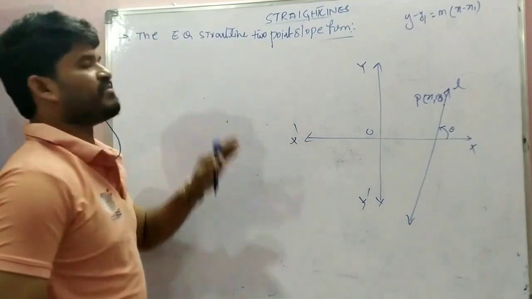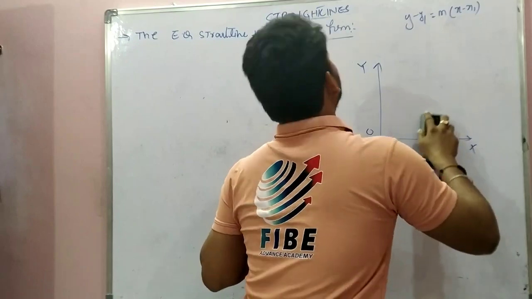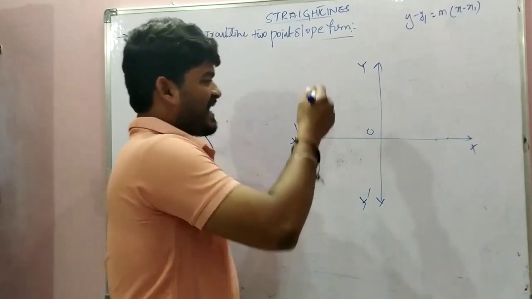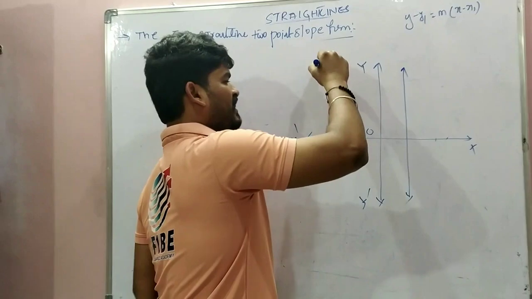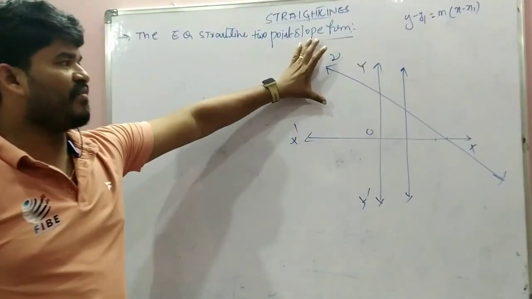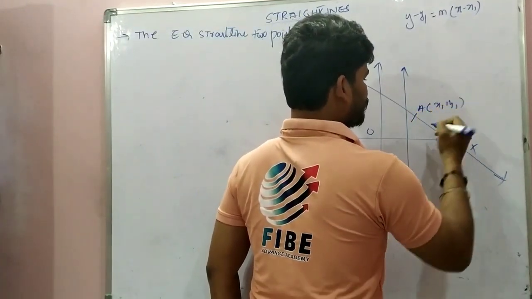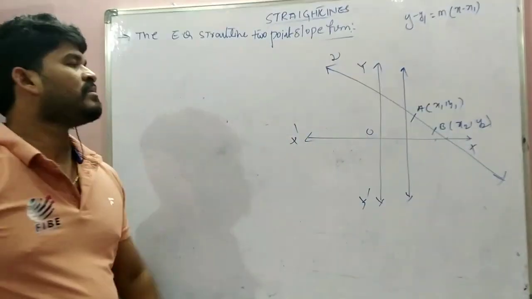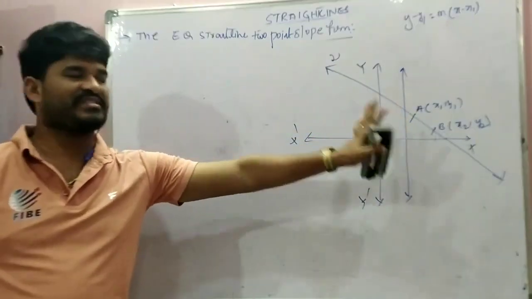Next topic is the equation of the straight line through two points. On the x and y axes, assume this is the line, moving like this, where this point is A (x1, y1) and this point is B (x2, y2).